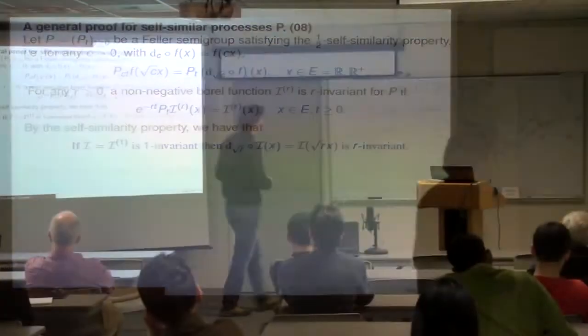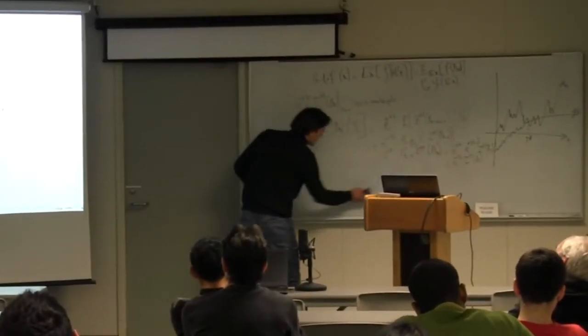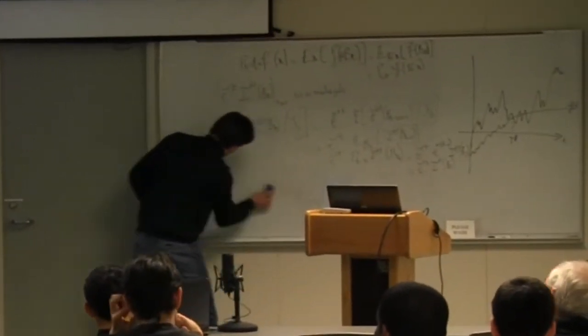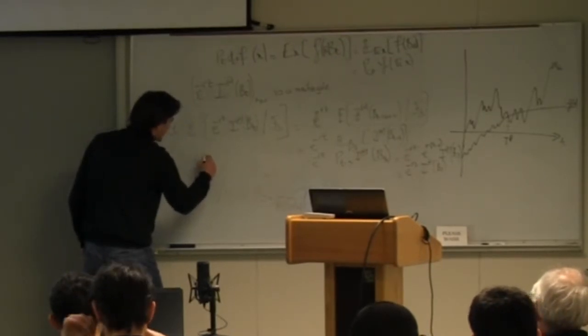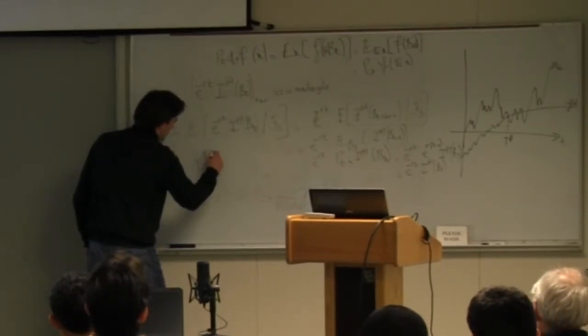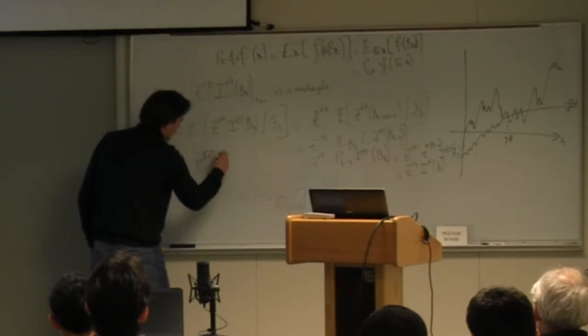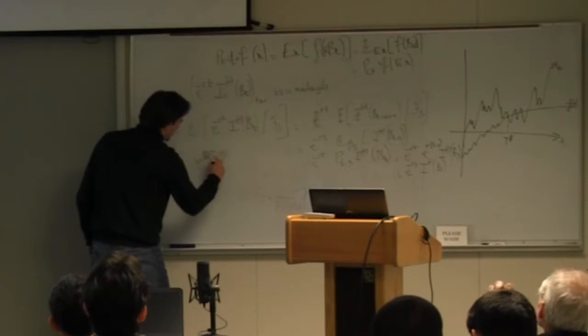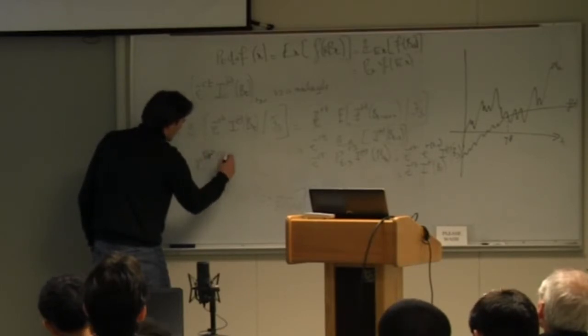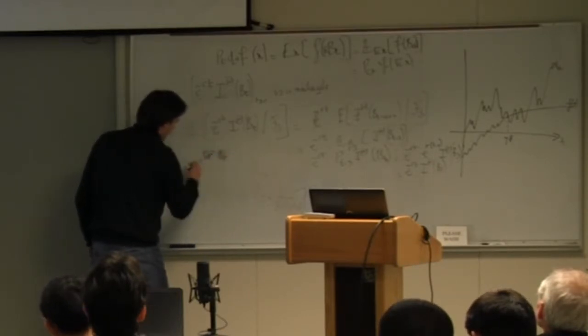In the case of Brownian motion, the Martingale associated to Brownian motion I will write like that: exponential of square root of 2r times B_t, minus r t.